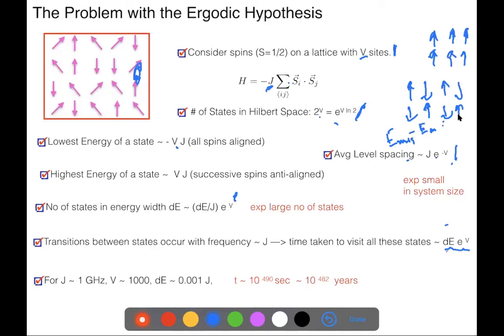But now suppose you have a number of conserved quantities which scales with the size of the system. Let's say V, not exponential, but the size of the system. Then it would remain the same. You will just get to the generalized Gibbs ensemble, because you cannot explore everything. But that counting will remain the same.